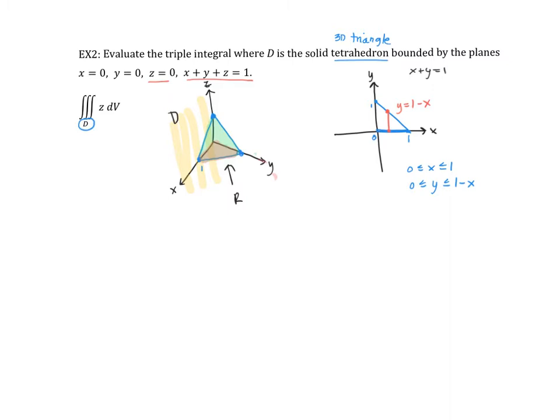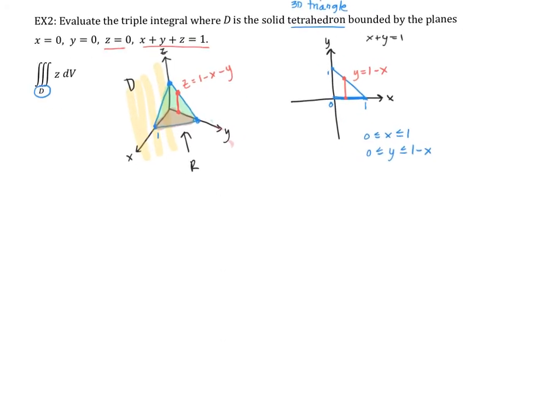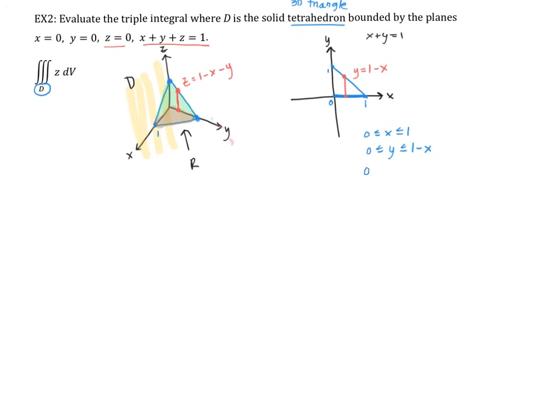I'm going to draw a line in the three-dimensional region D, parallel to the z-axis. I'm looking at values for z from 0 to whatever the equation of this plane is, and the equation of this plane is z equal to 1 minus x minus y. And those would be my limits of integration for z, from 0 to 1 minus x minus y.